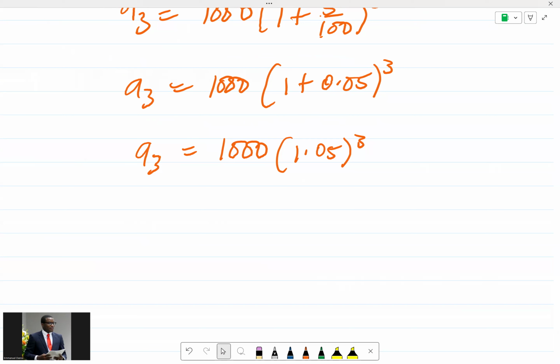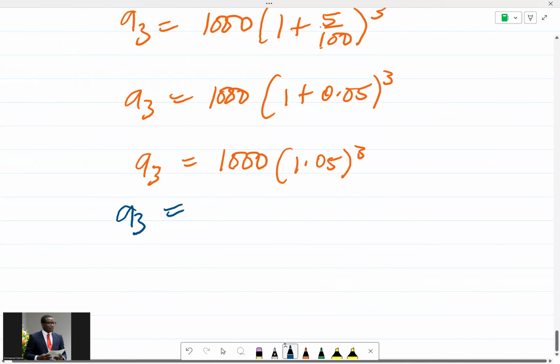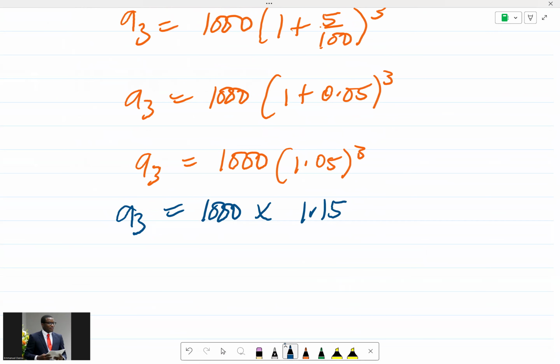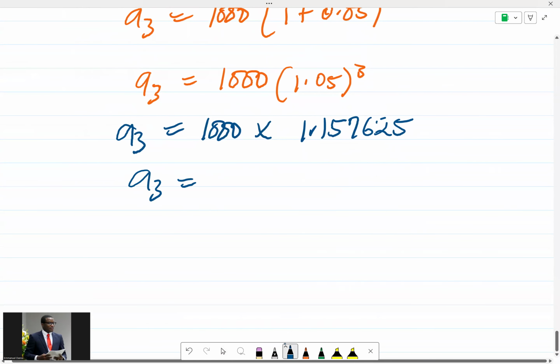So 1.05 raised to power 3 is 1.1576, all that. So that means A3 would be 1,000 times 1.157625, so that we have A3 equal to 1157.63.